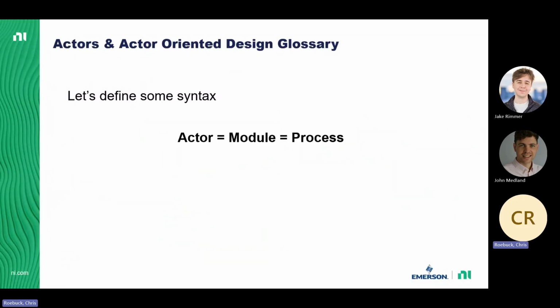So just to define a little bit of syntax, when I talk about an actor, I'm referring to what somebody else might call a module. And I'll use those phrases somewhat interchangeably during the next 40 minutes or so. I'll also refer to it potentially as a process. It's something that is running asynchronously that has a very tightly defined scope.